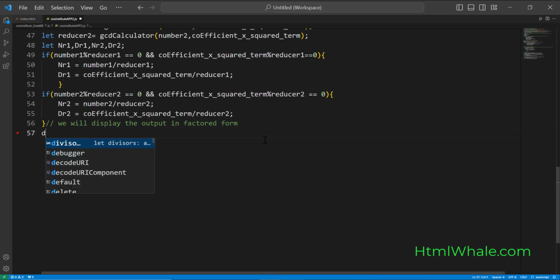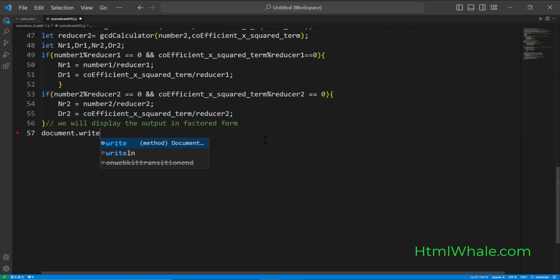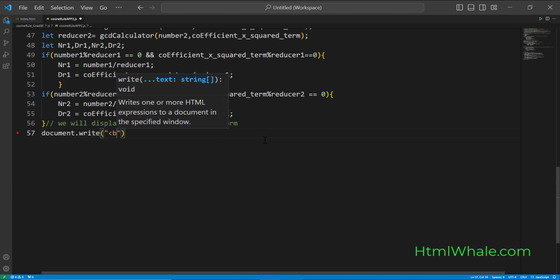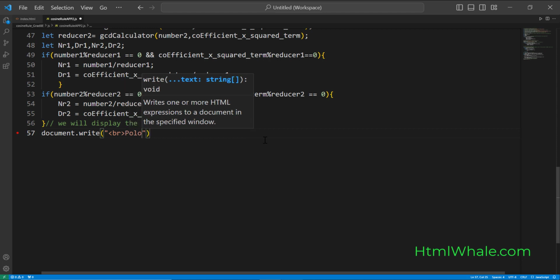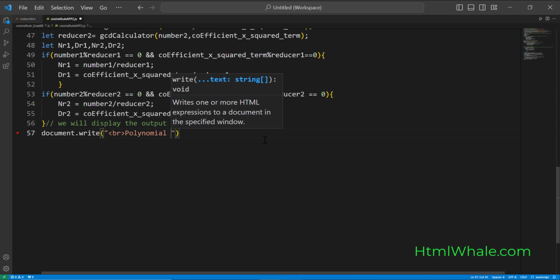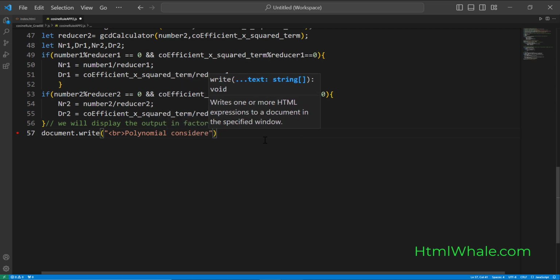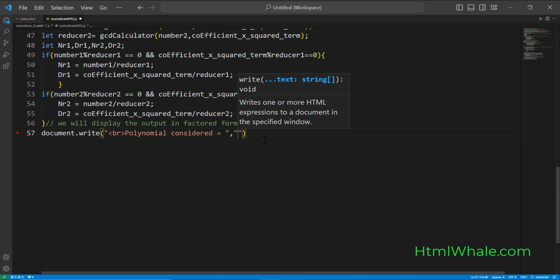So we'll say document.write polynomial considered is equal to, I will place in x squared there because the coefficient of x squared is always 1.